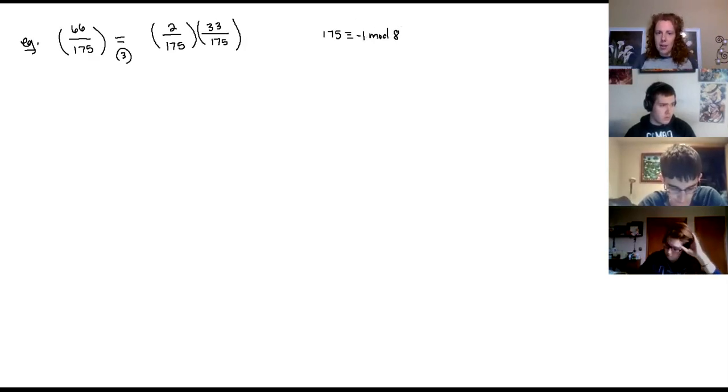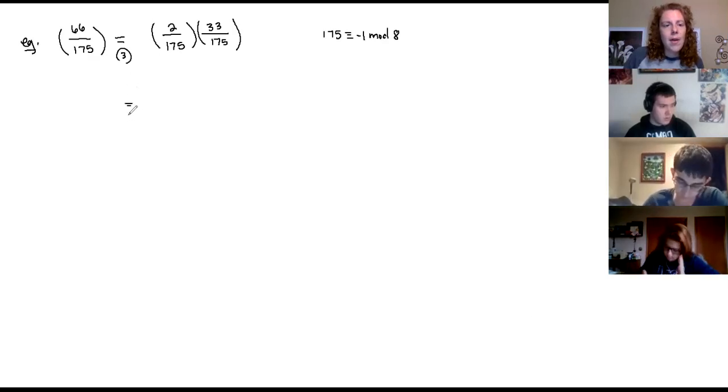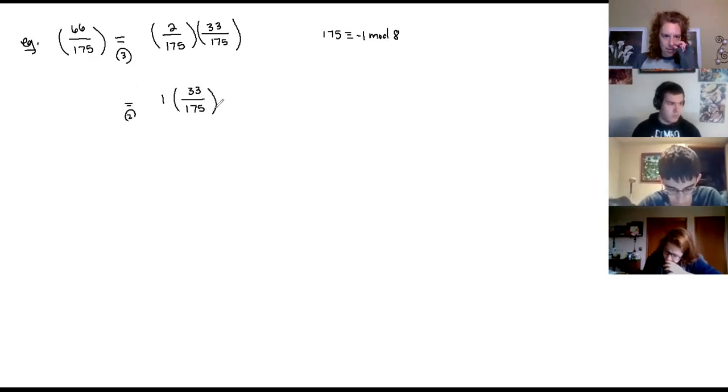So 7 and -1 are the same thing, and therefore, if I use rule number 2, label that on the bottom, that first one turns into a positive 1. So this is 1 times the Jacobi symbol of 33 over 175. That's rule number 2. I can get rid of the 2.